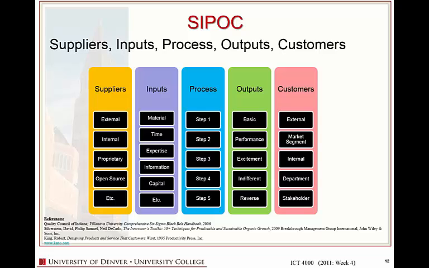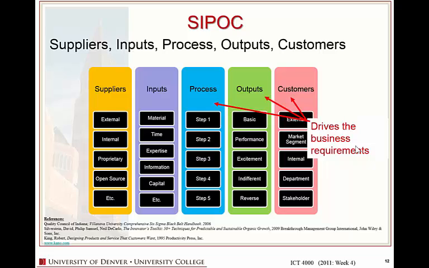And from this, we can then take a look and see, okay, what's it going to take to actually produce the value that we need to produce in order to satisfy our customers. And where we see the most value in the SIPOC is in the process, the outputs, and the customers.